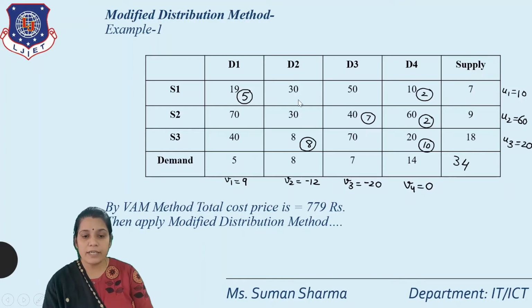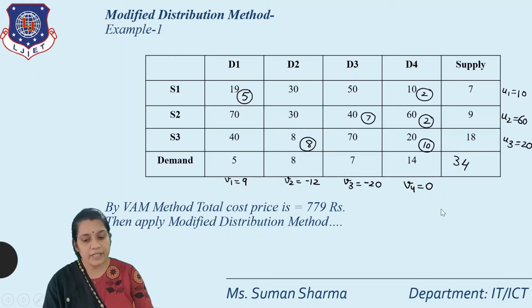This is the first row, fourth column, U1 V4. This is the second row, third column, U2 V3. This is the second row, fourth column, U2 V4. This is the third row, second column, U3 V2, and U3 V4. And these are equal to the cost values at those places: 19, 10, 40, 60, 8 and 20.